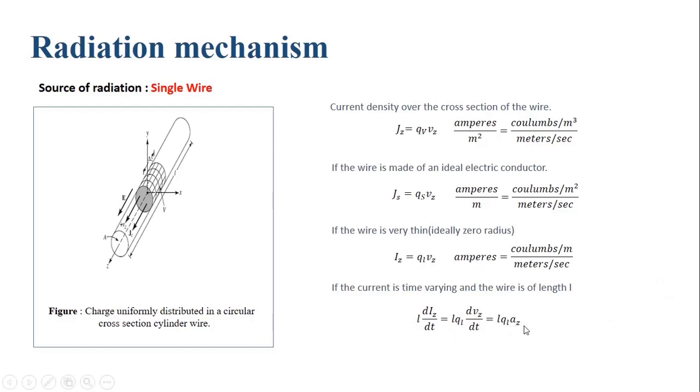So from here what we can conclude is, to create radiation through a wire we must have a time varying current and the acceleration of charge. A uniform flow of charge will not result in radiation. There must be some disturbance in the velocity of charge so that the acceleration of charge will take place.